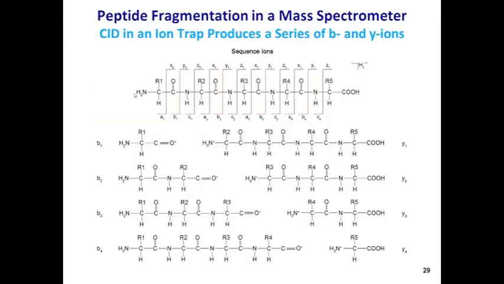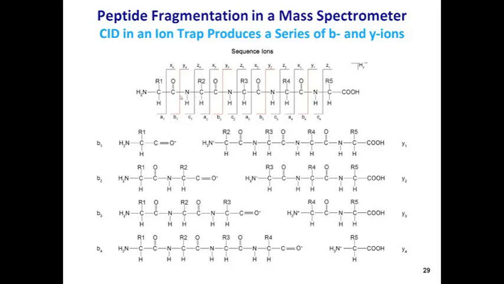This process is illustrated in this slide, where a 5-residue peptide is schematically represented at the top. This representation indicates that there are 3 different places where I could fragment along the backbone of the protein.